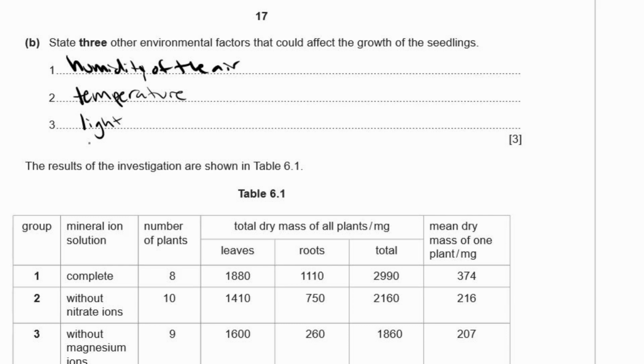So the rate of the oxygen supply, the depth of the solution, the volume of the solution, or the density of plants. If you have 12 plants competing in one and 3 plants competing in the other, the one with 3 is going to have a lot more chance of getting good nutrients. So there's any of those you could put down, but just put down 3.